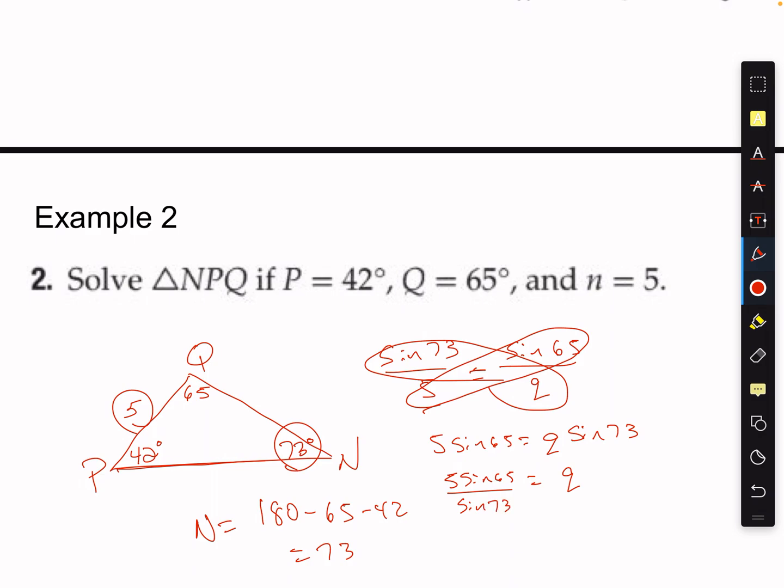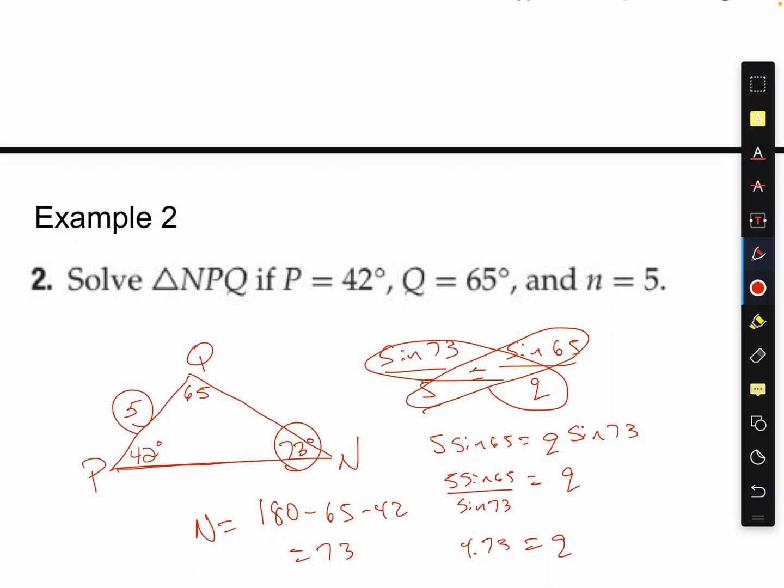All right, so then I would go ahead and put that into my calculator. So I have the 65 times sine, multiply that by 5, and it's approximately 4.53, and then I'm going to divide that by the sine of 73 degrees, and I get that q is equal to 4.73-ish.